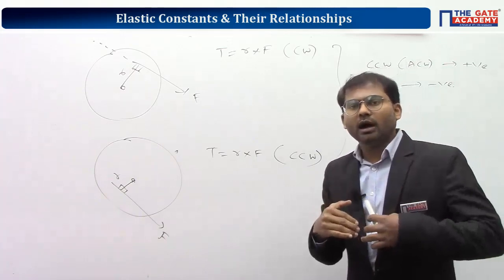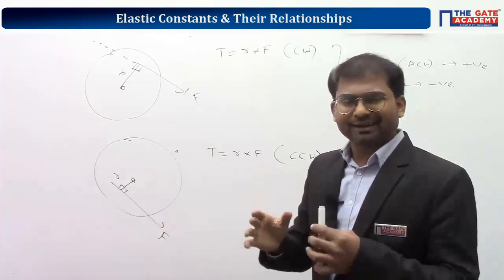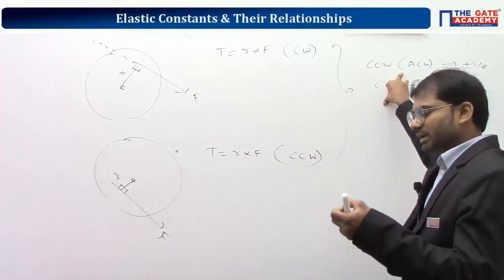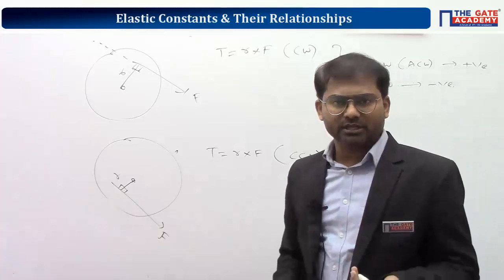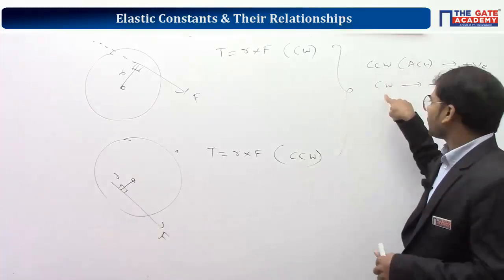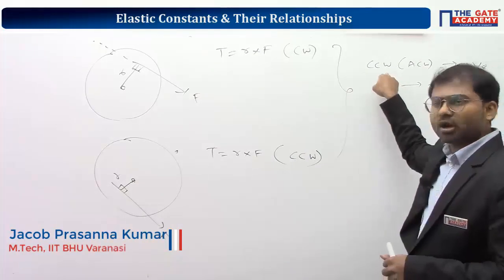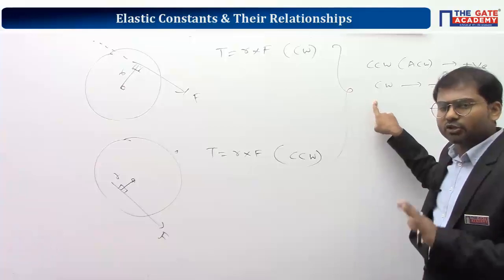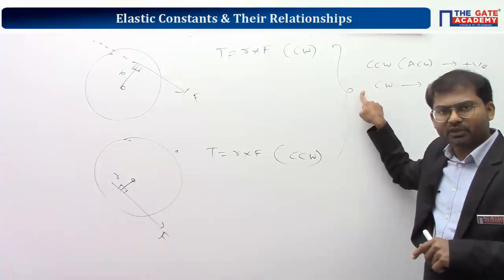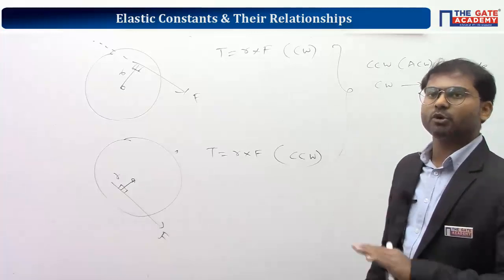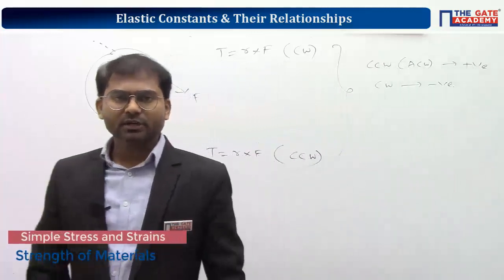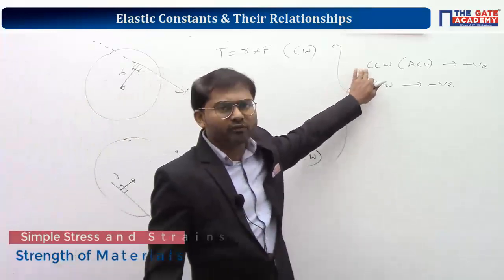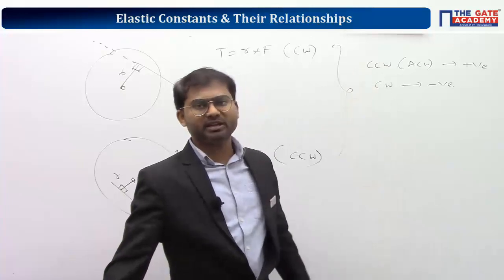If you are strictly following the Cartesian coordinate system, this is the correct way of doing it. Anti-clockwise should be taken as positive, clockwise should be taken as negative. But many people don't strictly follow this. They take the reverse also: clockwise as positive and anticlockwise as negative. But whatever convention you take, you should use different signs for both of these. If you use the same sign for both, you are going to get a completely wrong answer. Understood? Clear? Okay, this is the basic explanation here. You just copy this thing here. Counterclockwise torque should be taken as positive and clockwise torque should be taken as negative.